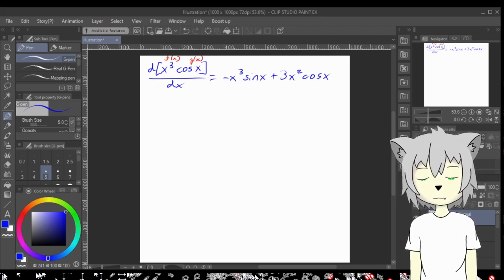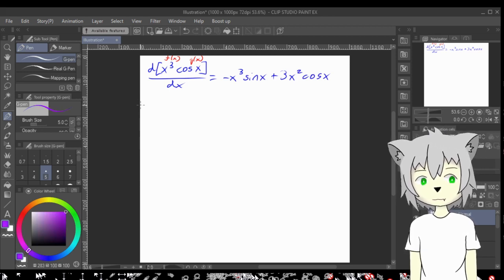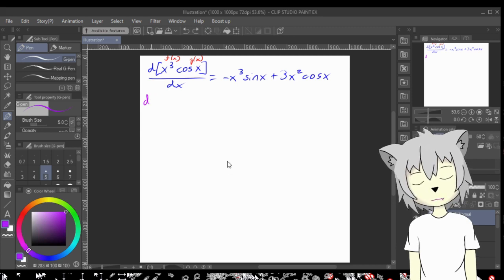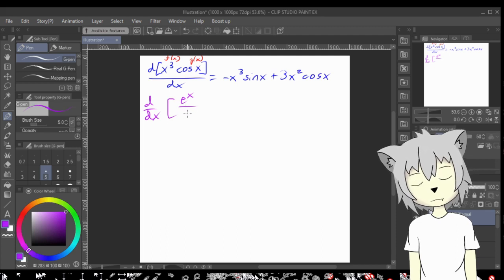Next function we will analyze is the derivative of, I guess, e^x over 2x.